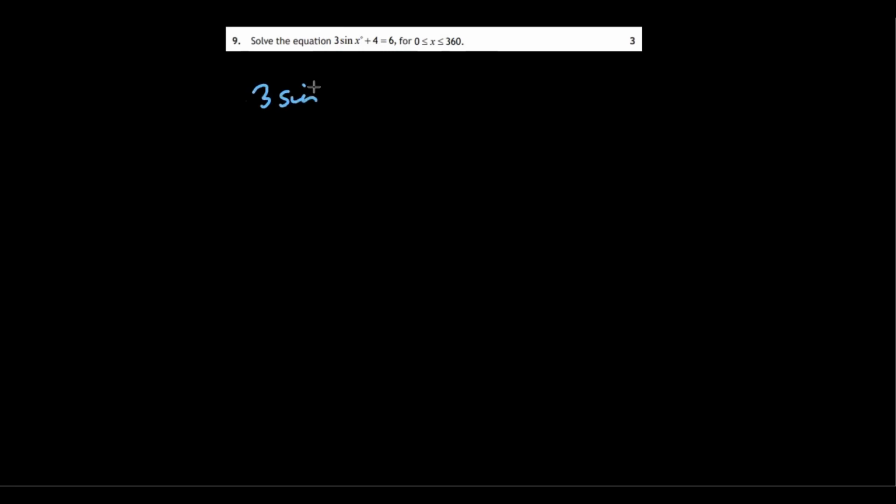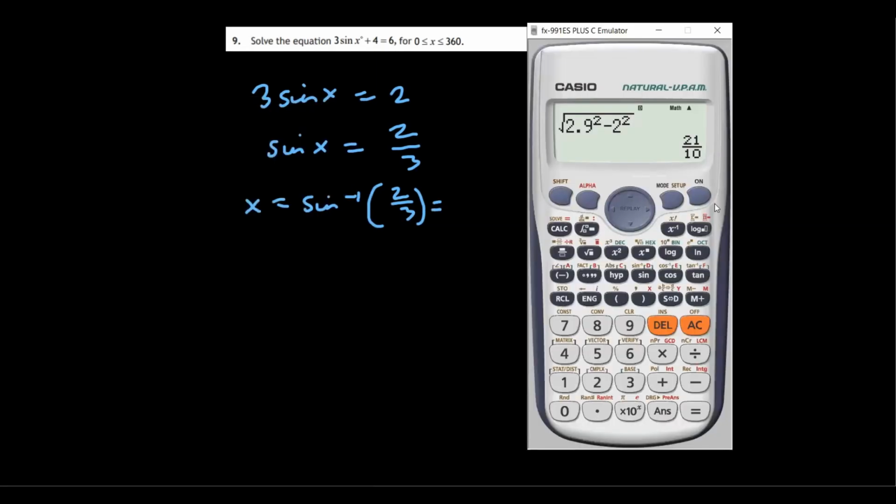So 3 sine x equals 6 minus 4, so we just move the 4 to the other side. And then that would give sine x equals 2 over 3. And then we just take inverse sines of both sides. So shift and then the sine button, that gives you the inverse sine, and then 2 over 3. So that's 41.8 degrees.